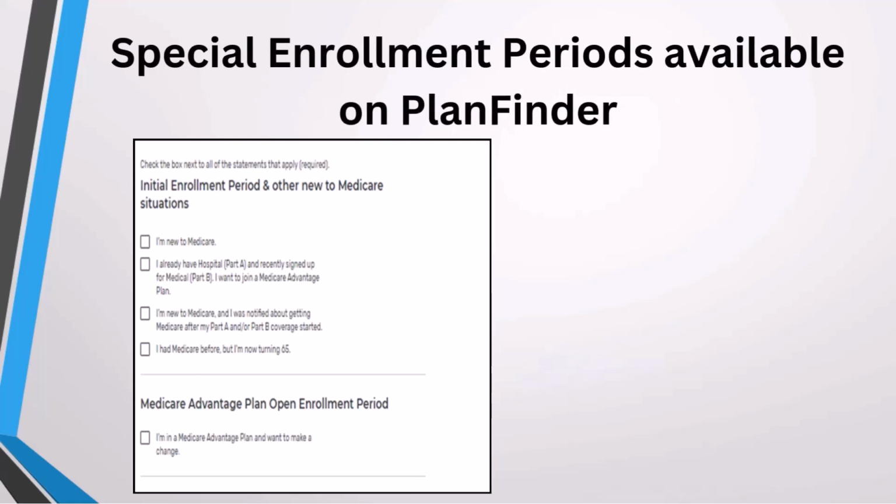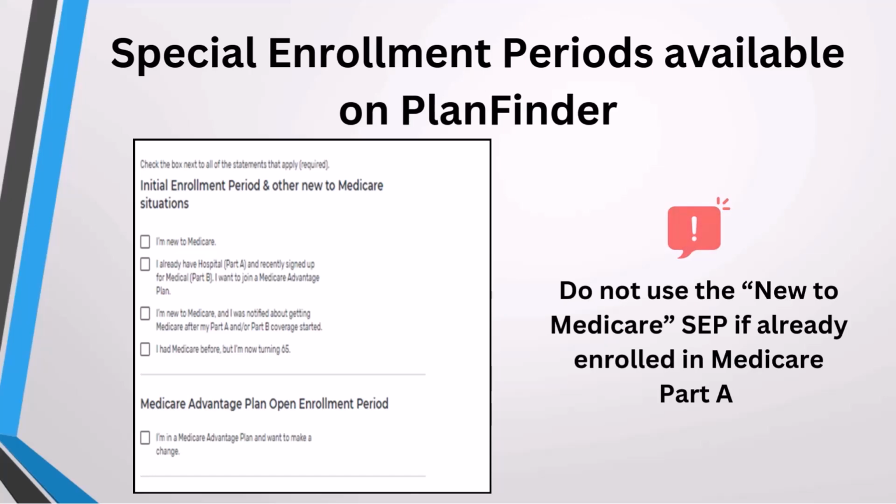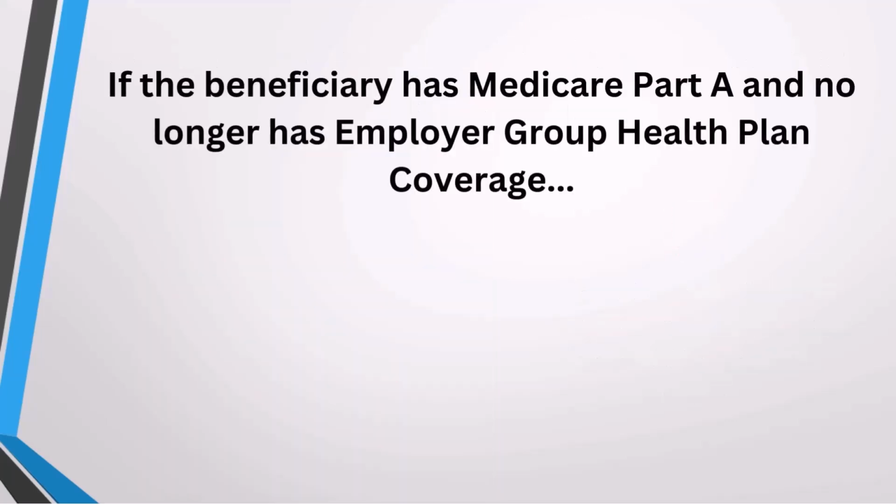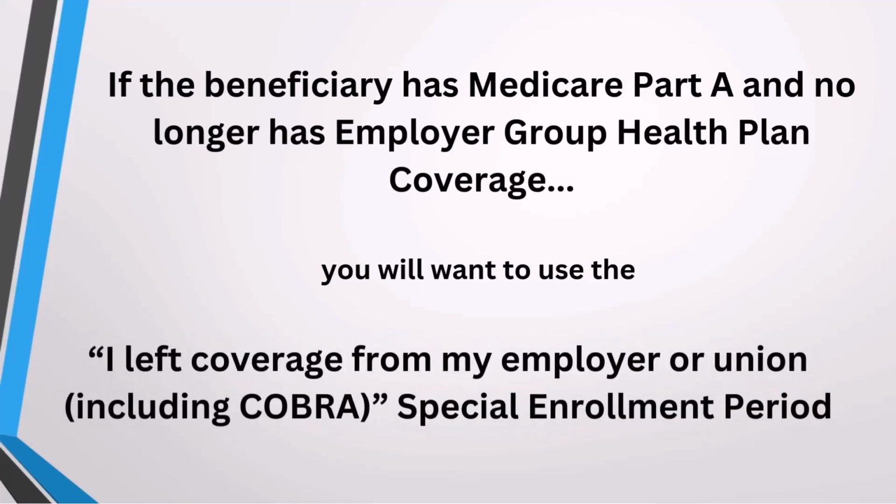Special enrollment periods available on the Plan Finder. It's important to not use the new to Medicare special enrollment period if someone is already enrolled in Medicare Part A. If the beneficiary has Medicare Part A and no longer has employer group health plan coverage, you will want to use the I left coverage from my employer or union, including COBRA, special enrollment period.